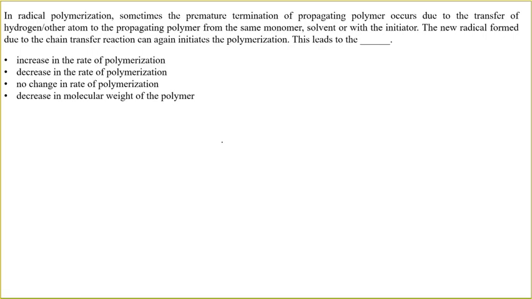The reason is the transfer of hydrogen and other atoms to the propagating polymer from the same monomer, initiator or solvent. So decrease in the molecular weight of the polymer is the correct answer for this question, since the polymeric reaction rate is reduced.